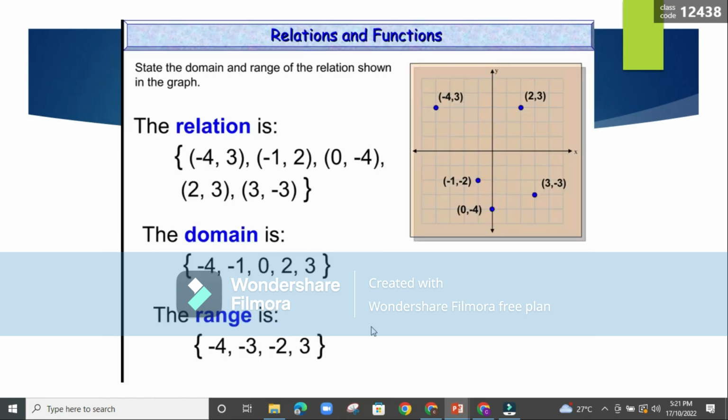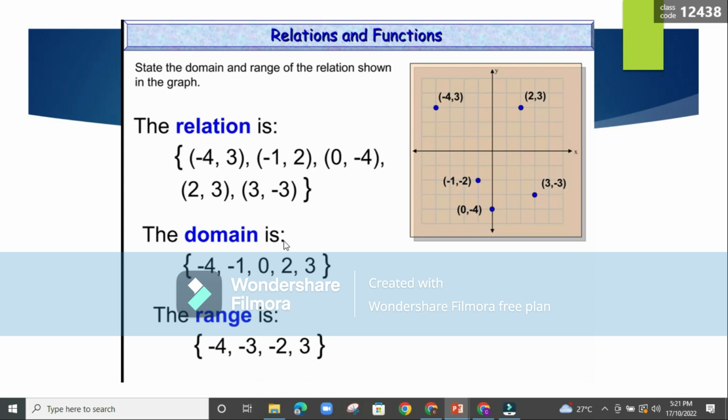Okay, proceed. State the domain and range of the relation shown in the graph. As you can see on the graph, there are 5 points plotted. We have (-4, 3), (-1, -2), (0, -4), (2, 3), and (3, -3).